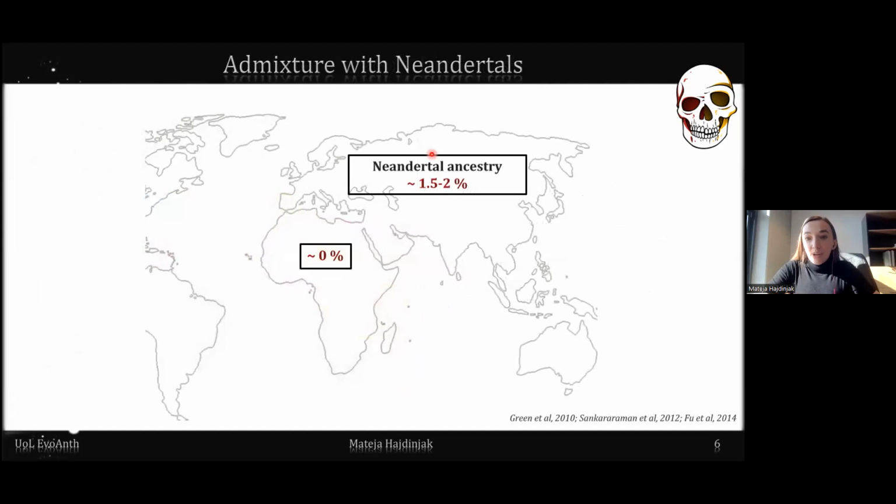Back in 2010, by sequencing the draft Neanderthal genome, it was shown that Neanderthals contributed around 2% of their ancestry to all present-day humans that live outside of sub-Saharan Africa.